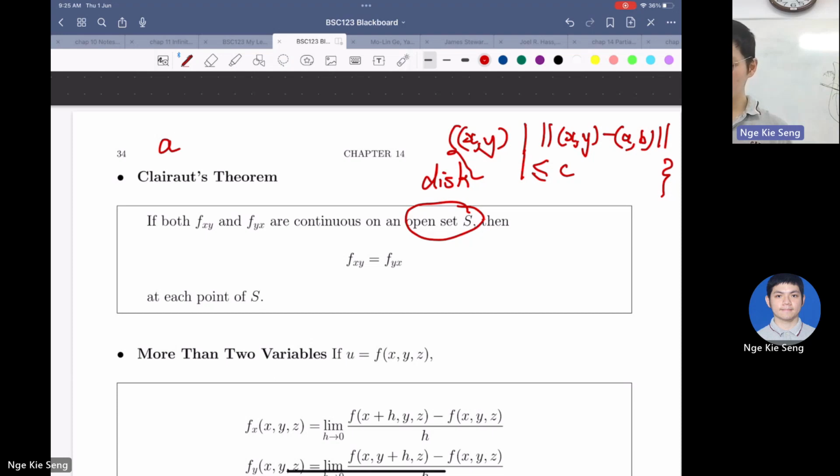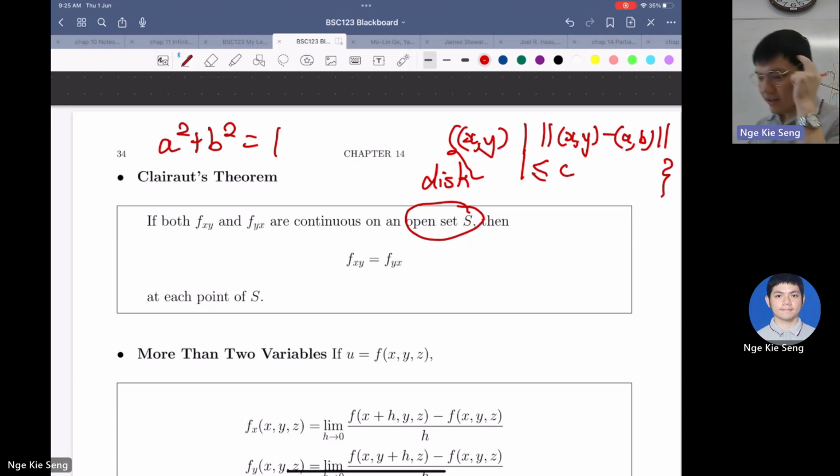Remember last time we had a square plus b square equals 1, a circle centered at 0 with radius 1. Now we want to fill in the circle. We call it a disk. It's a constant radius from one point. So if this holds, then fxy equals fyx.